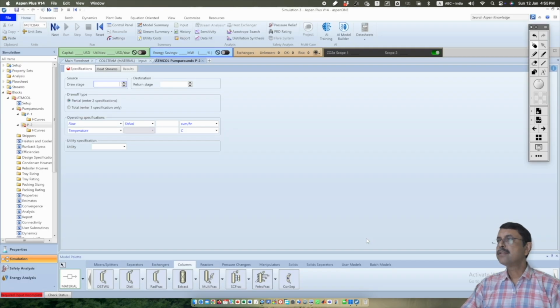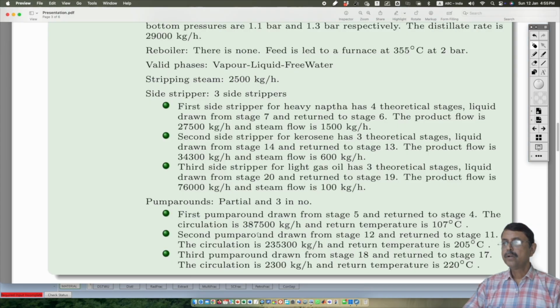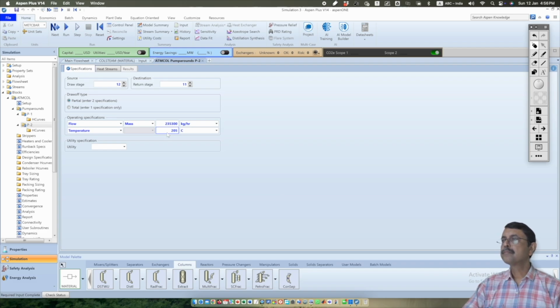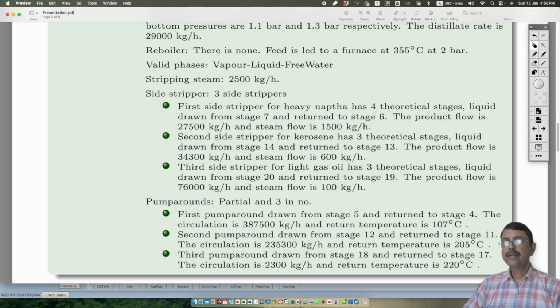So stage 12 and stage 11, the flow rate is 235,300, and the temperature is 205. So it is returned at 205 degrees centigrade.